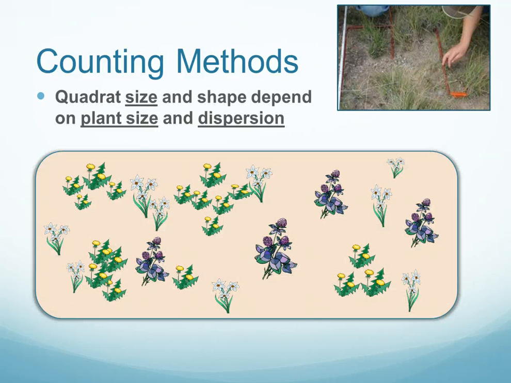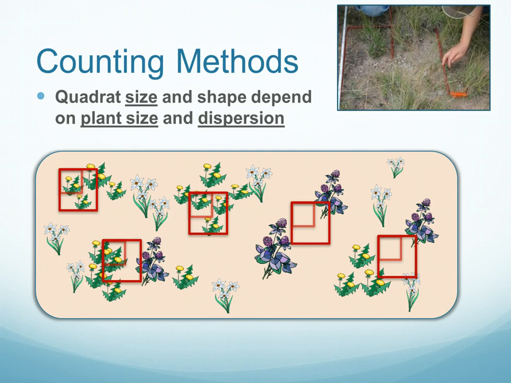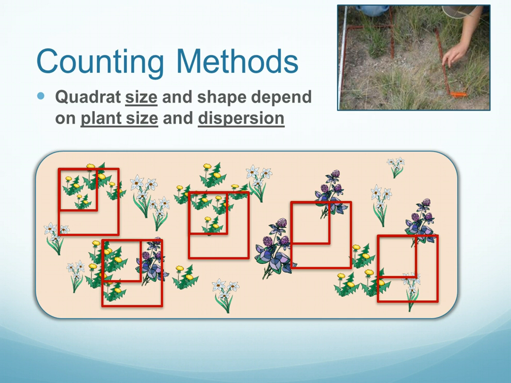When we're selecting our quadrat or our plot size and shape, those decisions are based on the size of plants and dispersion of plants. So we could go from a small quadrat to a larger quadrat that may be more inclusive, to an even larger quadrat that may include both small and large individuals, and also cut across clumps.